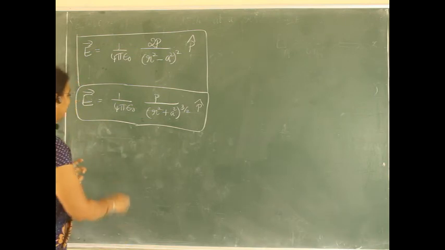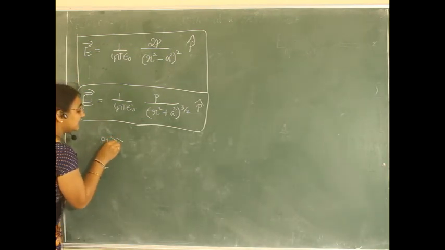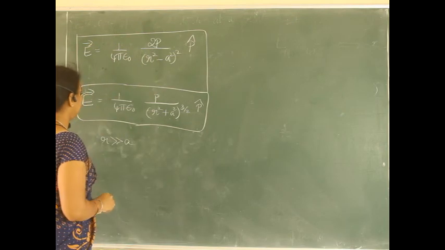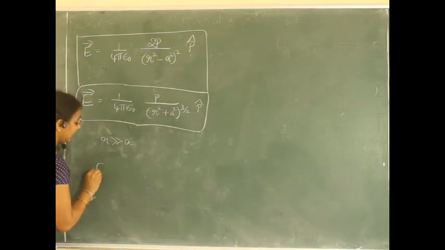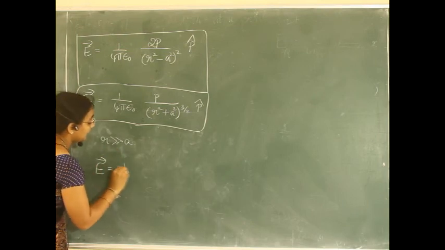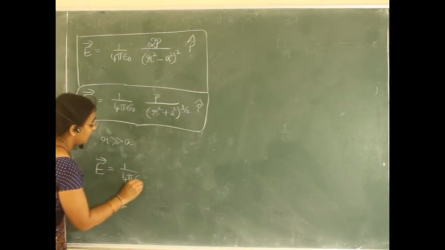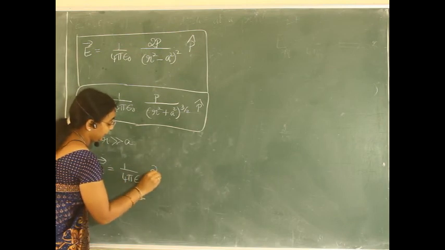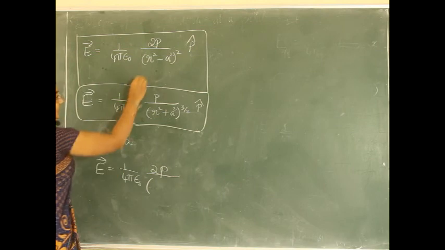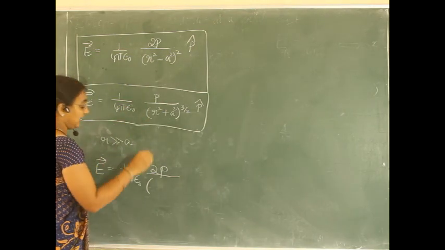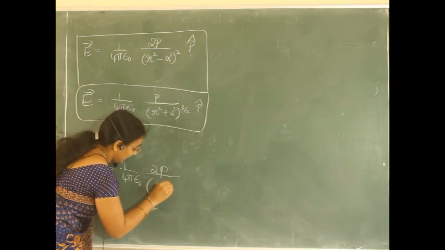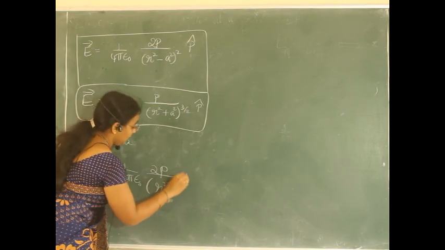Suppose R is greater than A. Then I can write E vector equal to 1 by 4 pi epsilon naught, 2p divided by R squared minus A squared, the whole square, into P cap.